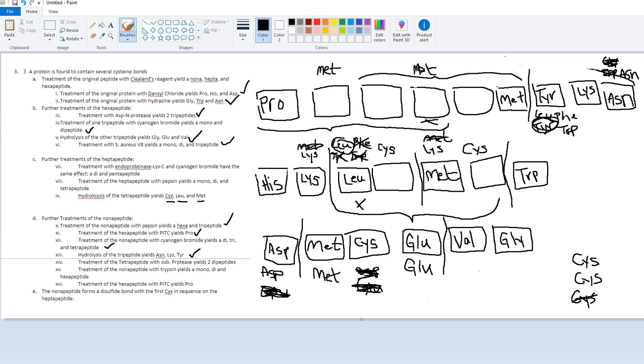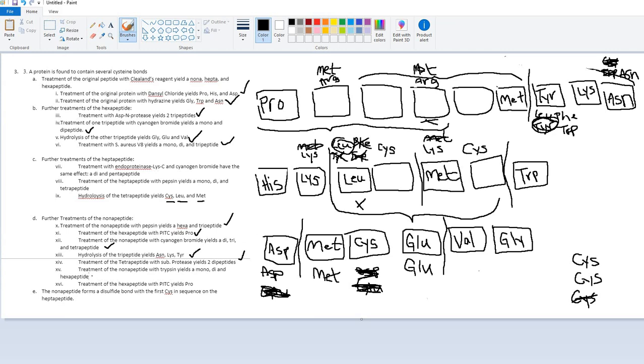So the subprotease cleaves at the C terminal. So that means, where's my cursor? The arginine would have to go here to cleave this pentapeptide into 2, or it'd have to go here to cleave this pentapeptide into 2.